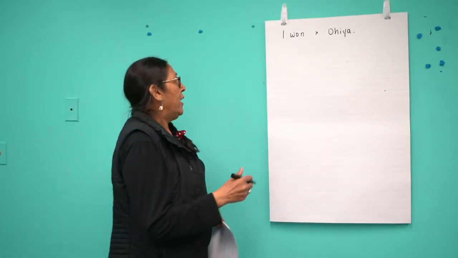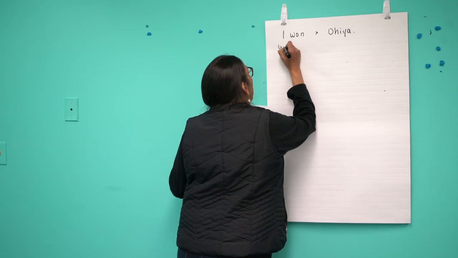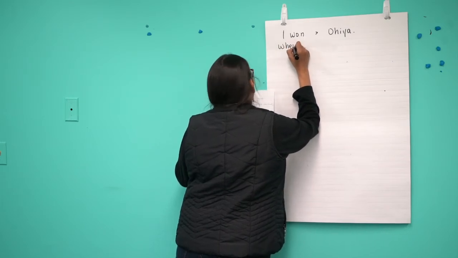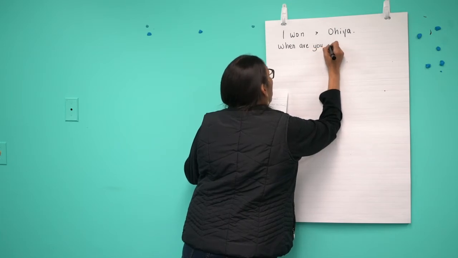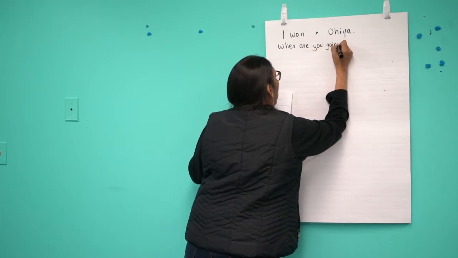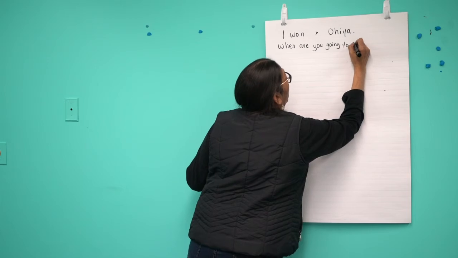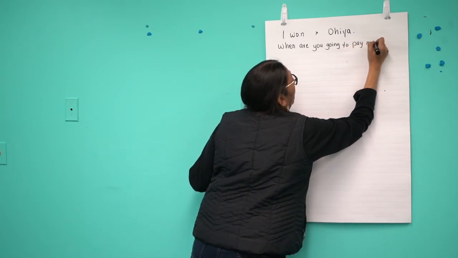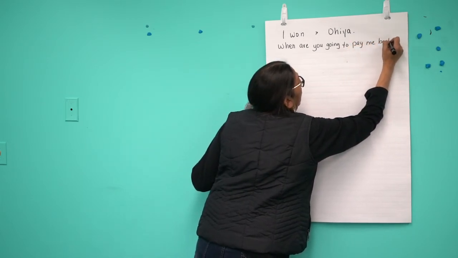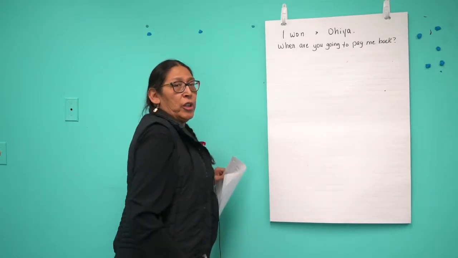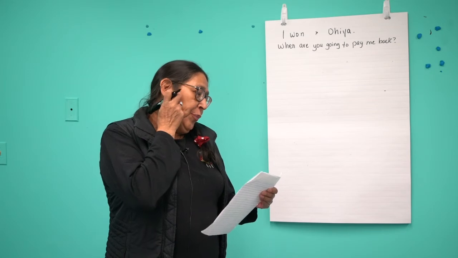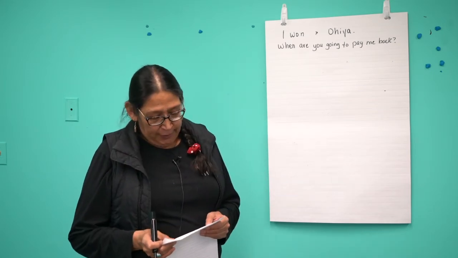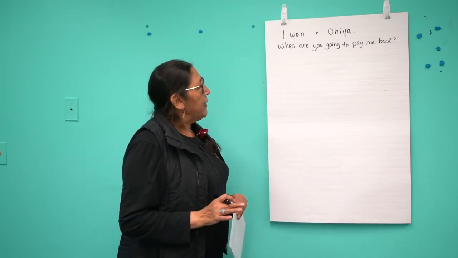Remember you asked to borrow money? Now you're going to ask them, when are you going to give it back to me? You need to know this. When are you going to pay me back? There are several ways that you can say this.